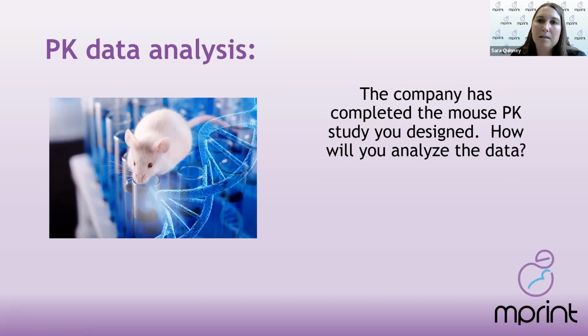And this would be done using either a naive pooled approach, a mean data approach, or if possible, an individual PK approach. Typically we will hear from investigators that my mice are all the same, so we don't need to worry about the variability in them, but we have found cases where there's quite a bit of variability in the same strain of mice treated at the same age, which is also something to keep in mind.